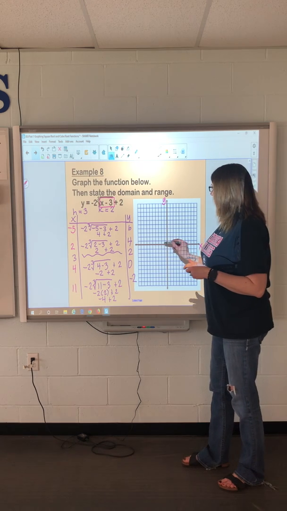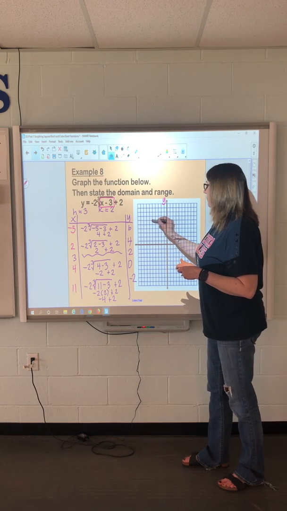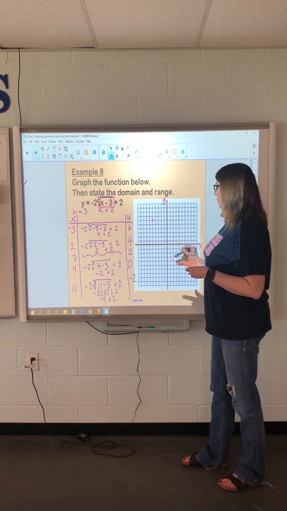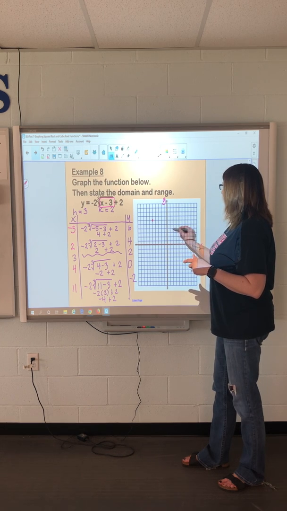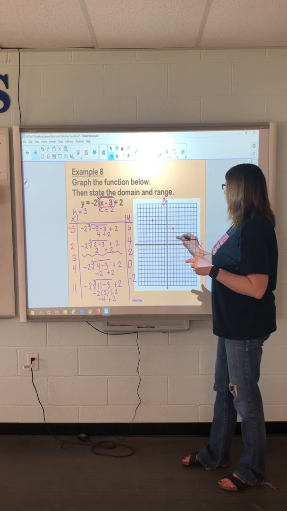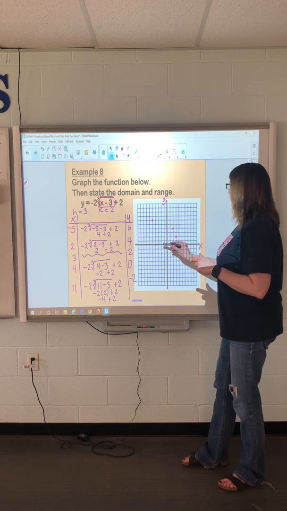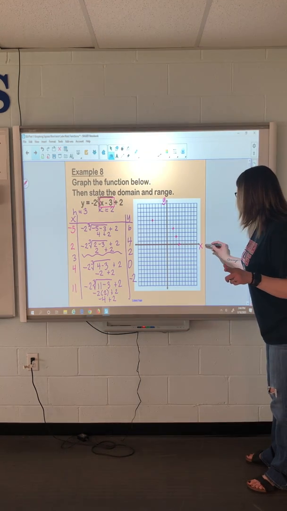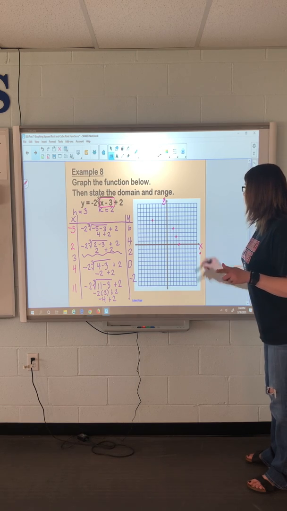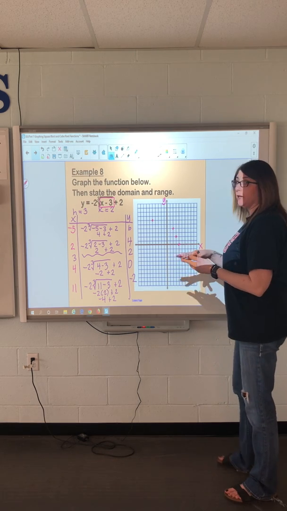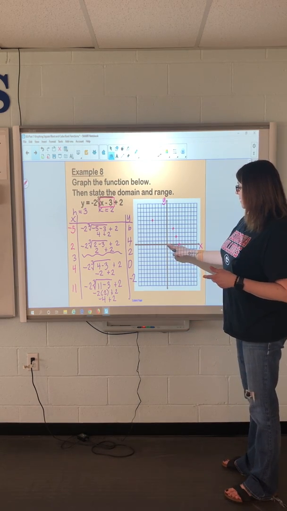So we have negative 5, comma 6; 2, comma 4; 3, comma 2; 4, comma 0; and then 11, so a little bit off my grid, 11, comma negative 2. So I am seeing a stretch. I'm seeing that the middle is not here at the origin.